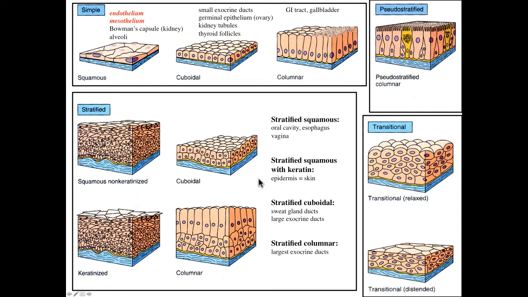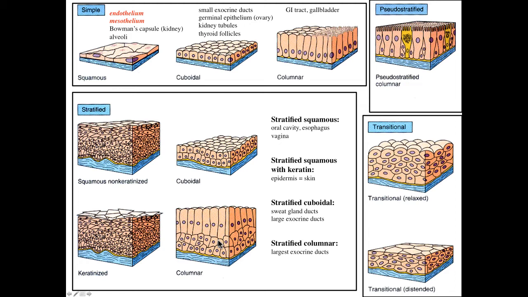If we talk about a stratified cuboidal epithelium, we might be talking about the epithelium that makes up sweat glands or that lines large exocrine ducts. If we talk about a stratified columnar epithelium, we might be talking about epithelium lining the largest exocrine ducts.